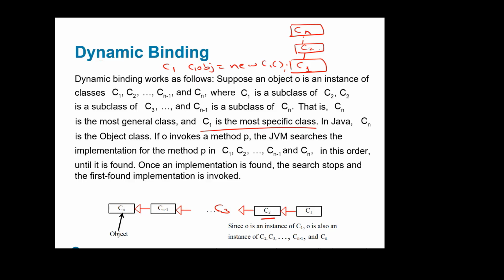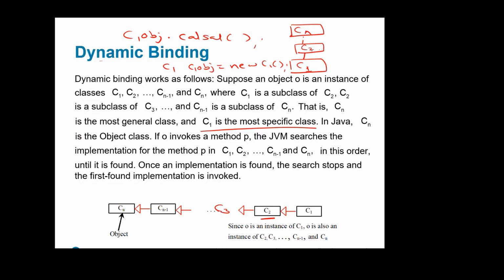Now, why is it called dynamic binding? Because it doesn't know before runtime which method it is going to call. So it is decided at runtime whether this method is there or not. If we say C1 obj dot calculateSalaries, it is going to check, is this method there? Yes, then execute.